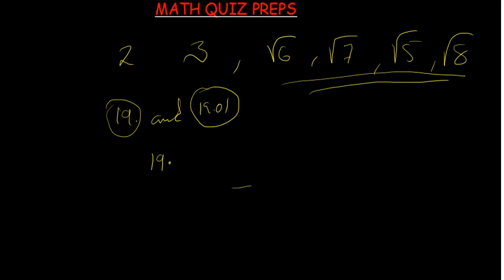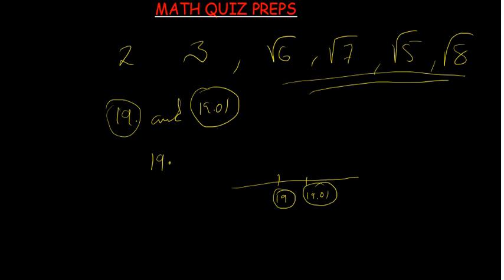If you take a number line like this, where you've got 19 there, and let's say 19.01 is here, for a number to be between, it should be bigger than this one but smaller than that one.